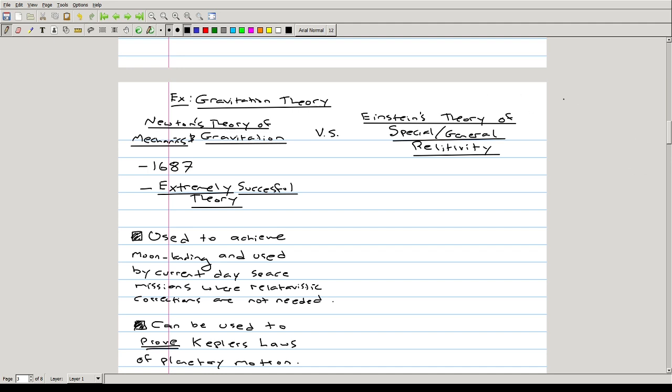On the other hand, we have Einstein's theory of special and general relativity. Einstein published his papers around 1916, and this is also an extremely successful theory of gravitation.